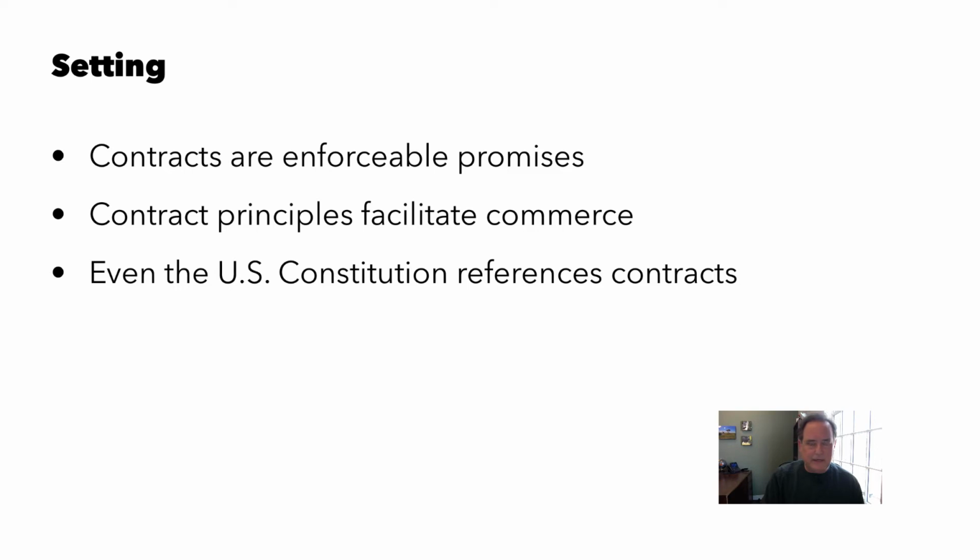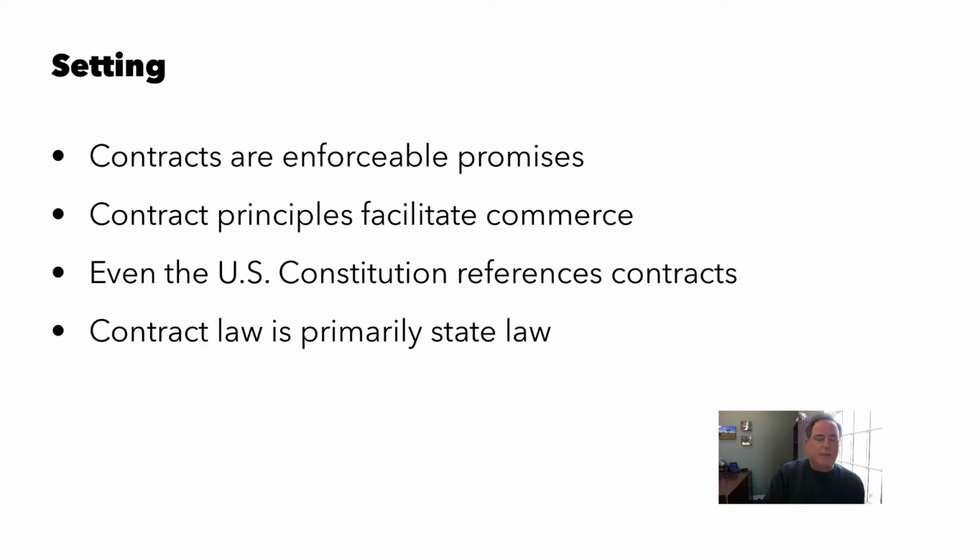The framers of the Constitution were very concerned that people are treated equally in the different states. And so one of the provisions of the Constitution is that every state must respect the contracts of every other state. So respect for the idea of contracts is built into our social and economic system.